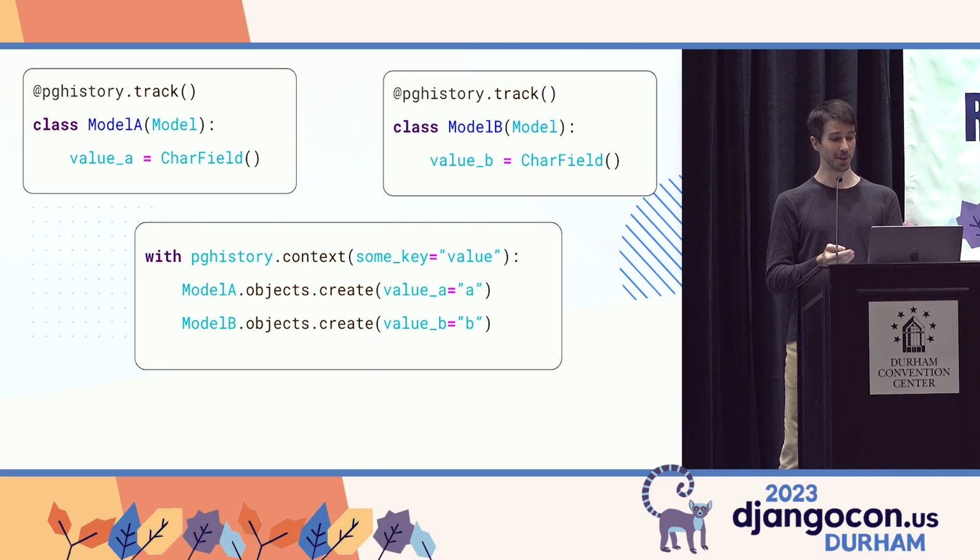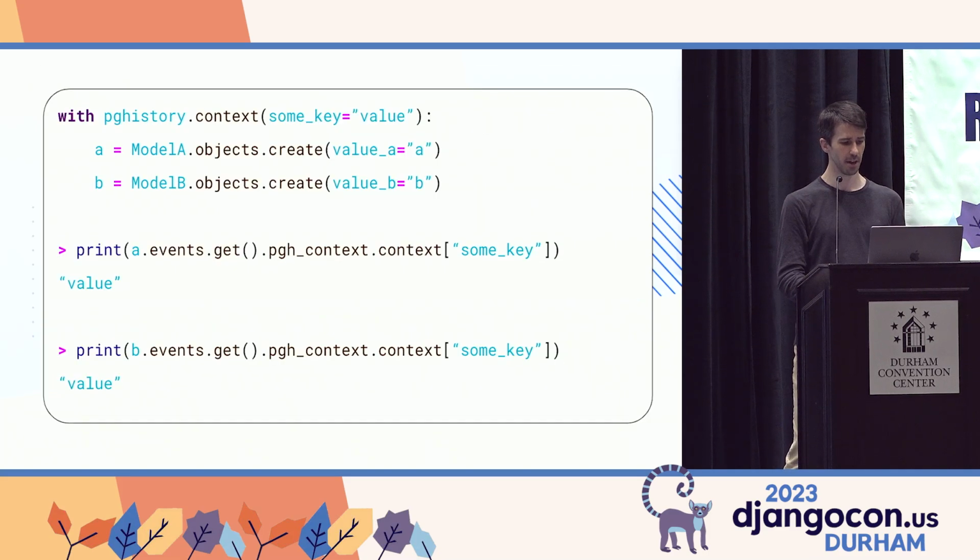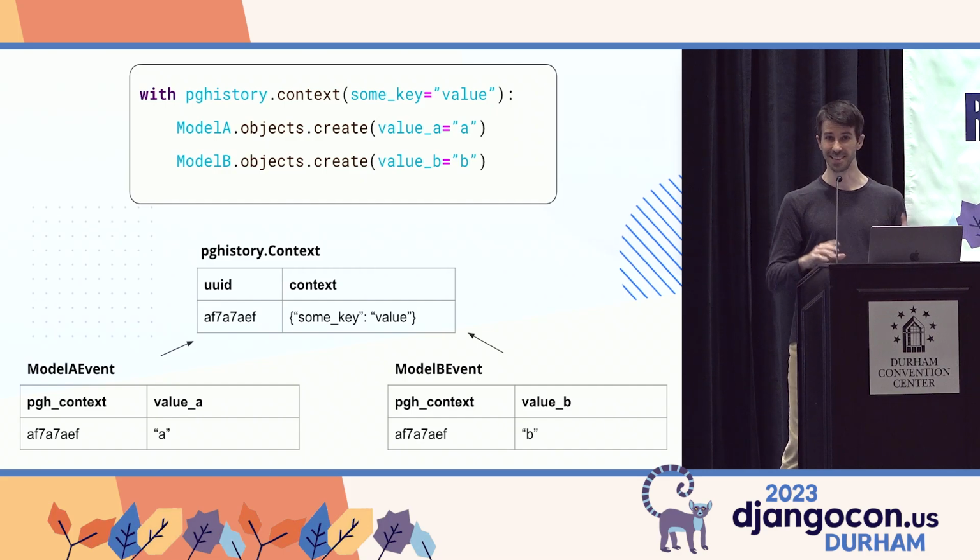Here, some key is the key, value is the value, and I'm creating model A and I'm creating model B. After these models are created, there are going to be two insert events created, and they're both going to point to the same context. Here I'm just showing how you can grab the event, grab the context, grab that key and its value. Underneath the hood, the database tables look like this. You have two different event tables, and they both point to the same context.